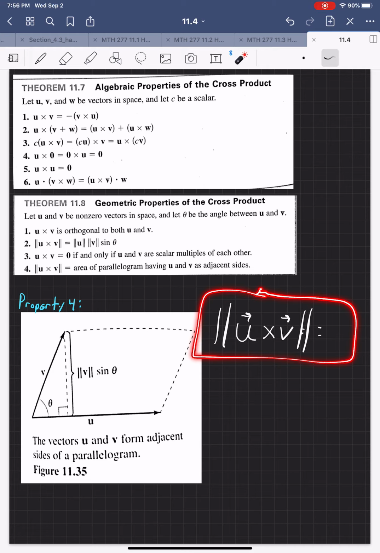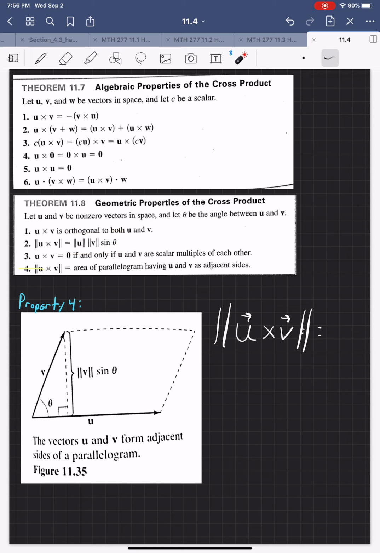Now, it's also true that, as we've already discussed, if you're not thinking about areas of parallelograms, you can also find the magnitude of a cross product by simply taking the magnitude of u multiplied by the magnitude of v multiplied by the sine of the angle between u and v.